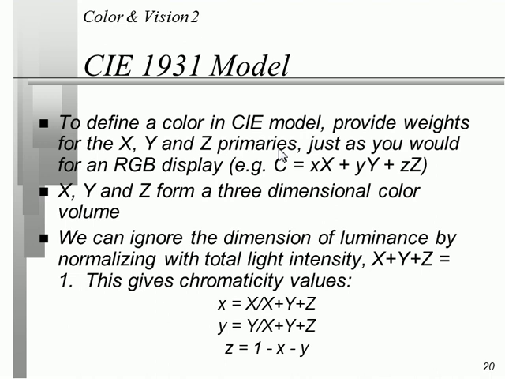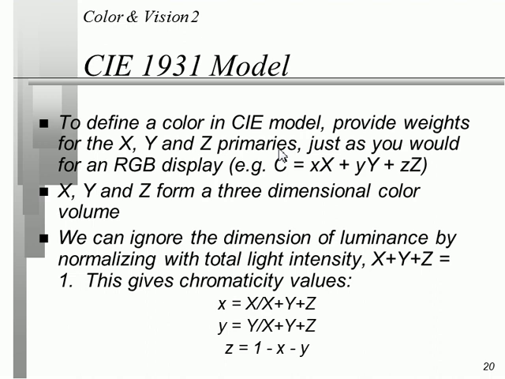Chromaticity is very similar to what I would call the NTSC model for color. NTSC is the National Television Subcommittee standard for creating color television back in 1954. And they used a model which was called in-phase, luminance, and quadrature.